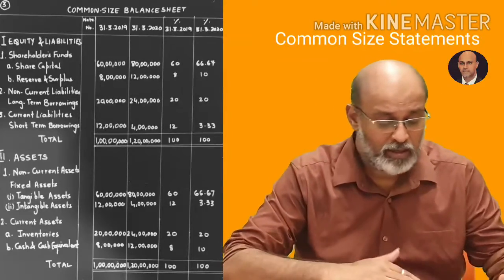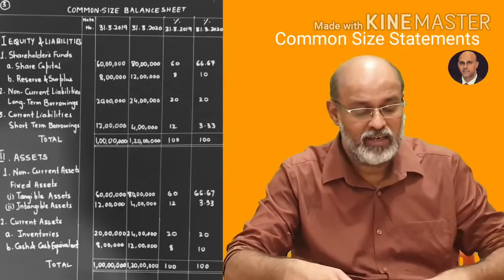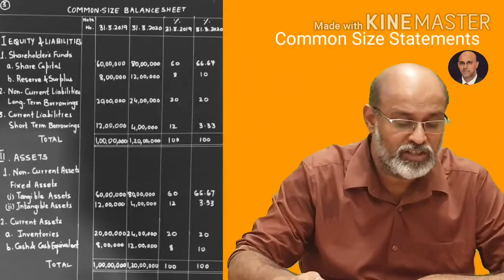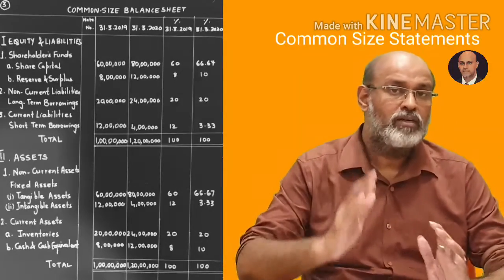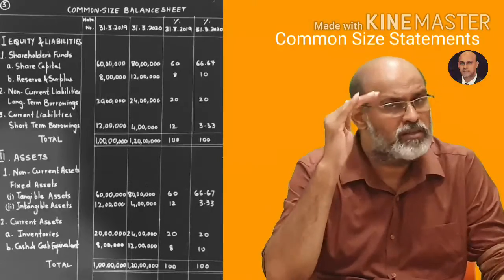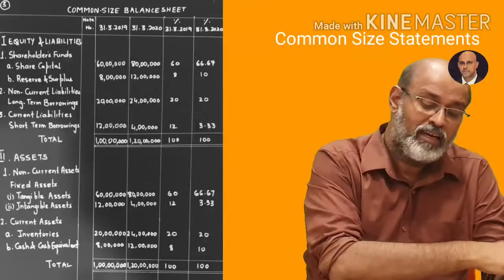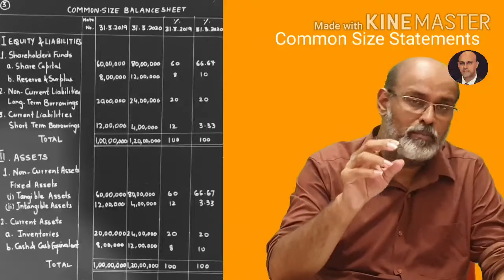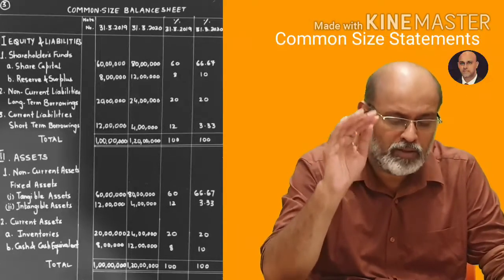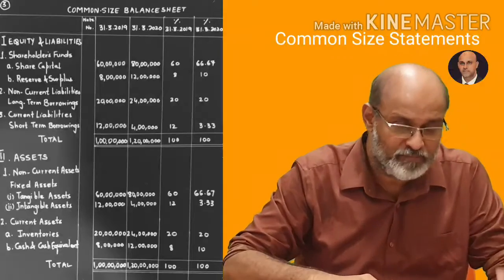Okay, so here let us understand what things need to be done. First column is your particulars, cut paste as it is, no changes. Then the next column is note number. In this there is no note number, so we leave it as it is.